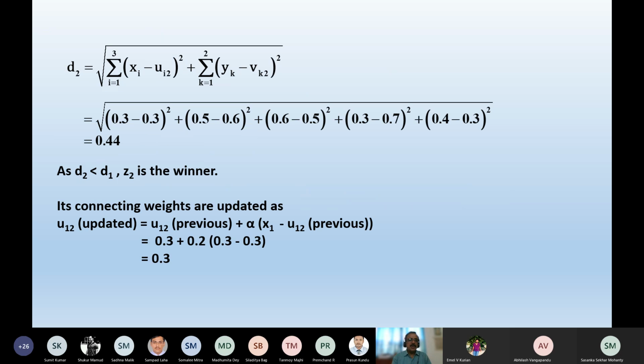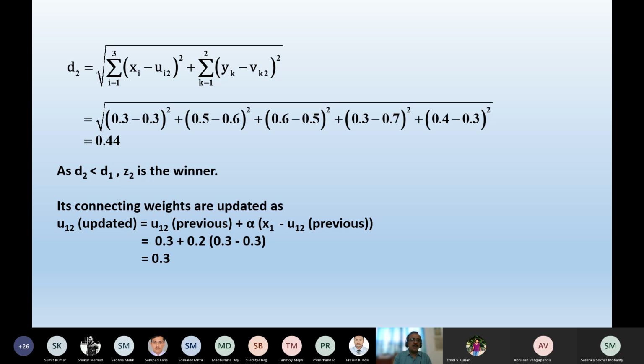Now we calculate D2. D2 is nothing but the square root of summation i equals 1 to 3 of (xi minus ui2) square plus summation k equals 1 to 2 of (yk minus vk2) square. Substitute the numerical values, you will get D2 equals 0.44.